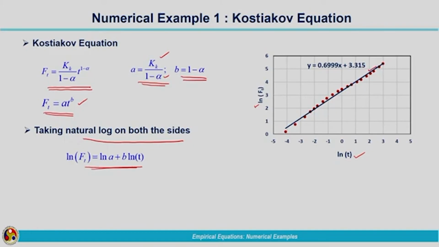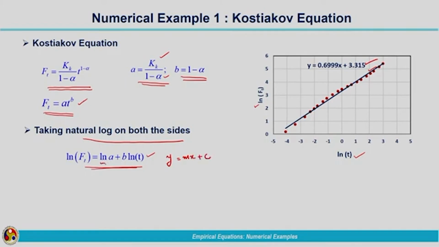The best fitted straight line is plotted and its equation is given over here, that is y is equal to 0.699 x plus 3.315. This equation will be compared with the earlier equation. If you look at it, this is in the form of y is equal to mx plus c.